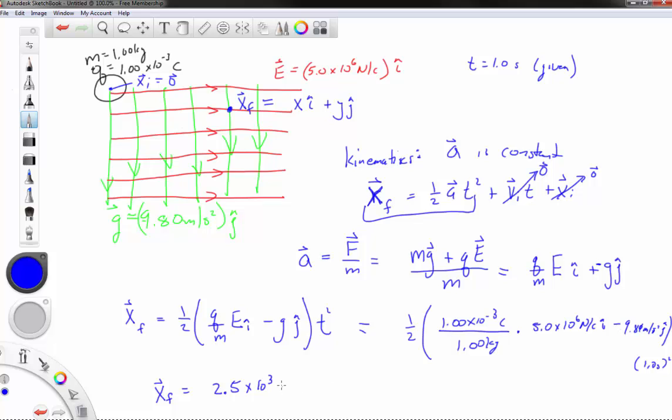These units all work out to give us meters in the i hat direction, plus, minus 4.90 meters in the j hat direction. So if we wanted to express this as just a Cartesian coordinate, it would be 2500 meters, comma, negative 4.9 meters.